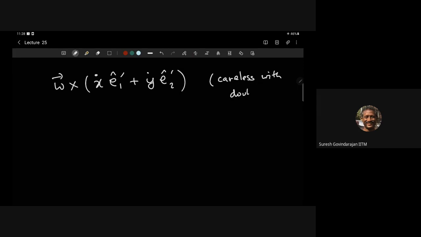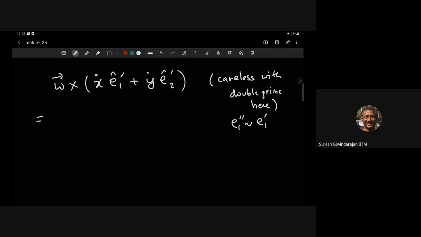To leading order, I'll take E1 double prime to be the same as E1 prime, which is not exactly true, but theta t is small.